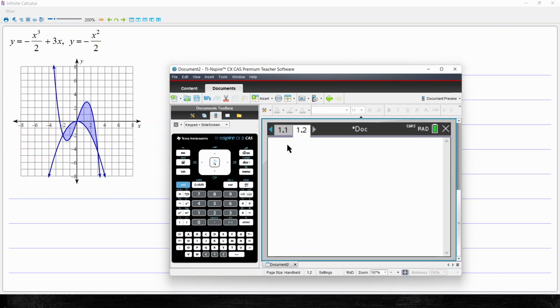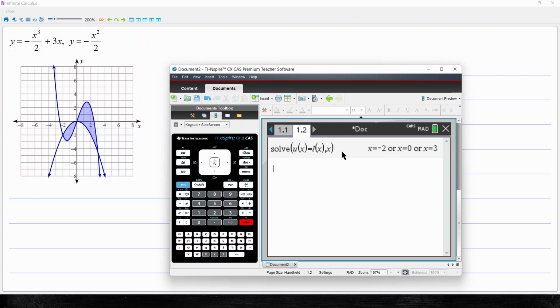After that, with the help of calculator, we can find the points of intersection. So for this, we need to use the solve command, and then we need to write u of x is equal to f of x, lower function. And then we solve for x to find the x-intercepts.